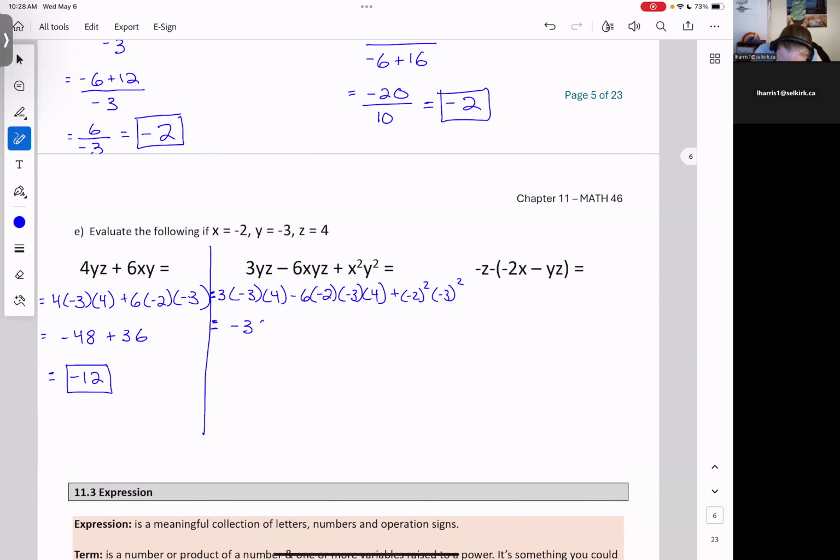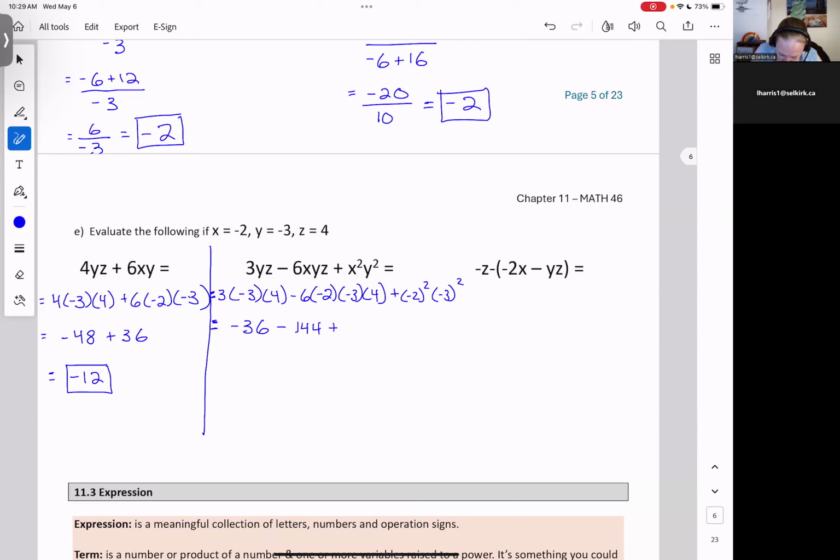-36. And then we've got minus 6 times -2 times -3 times 4 gives us 144. And then plus, I guess I should have done the exponents first, but that's okay. I can do the multiplication at the same time there.